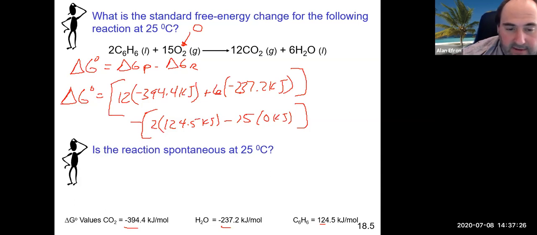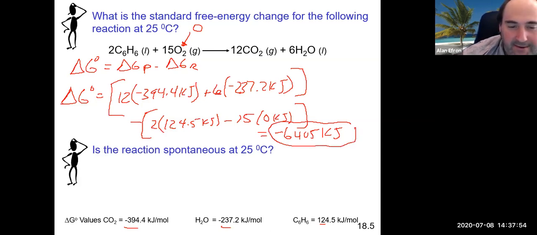If I do this correctly, hopefully, 2 times 124.5. All right, so I think I punched it in correctly. Hopefully you did as well. And if I didn't, please let me know. Let me see here. So on my calculator, minus 6405 kilojoules, I hope.